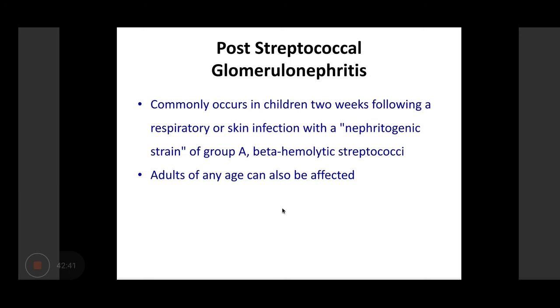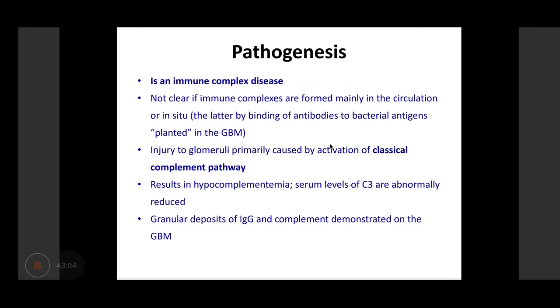Now, the classical clinical presentation in acute post-streptococcal glomerulonephritis is that children give a history of a respiratory infection or a skin infection about 2 weeks prior to development of the renal complaints. Adults can also be affected by post-streptococcal GN, but it is less common. As I described, this is an antigen-antibody immune complex mediated disease, where antibodies are formed against the antigens of beta hemolytic streptococcus.